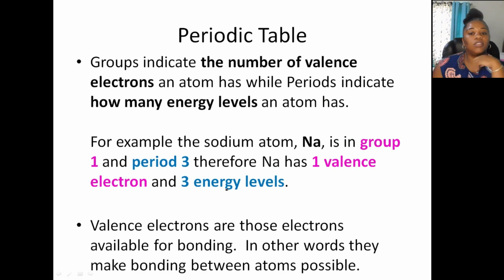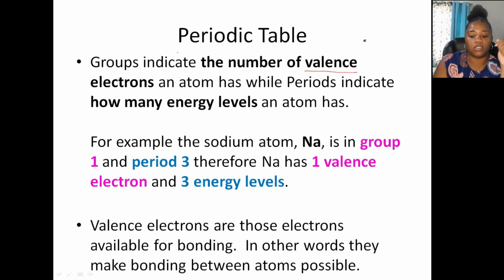Groups indicate the number of valence electrons an atom has, while periods indicate how many energy levels an atom has. By valence electrons, we are referring to the electrons that are available for bonding. These are the electrons responsible for all the chemical reactions that you know of today, right?